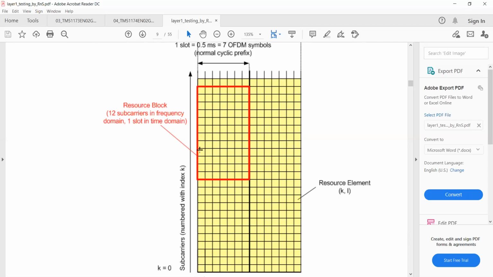So 12 subcarriers is equal to 1 RB. And each OFDMA symbol inside this time slot is carrying some data. That we call a resource element. If you see this one OFDMA symbol, in LTE we call it a resource element.